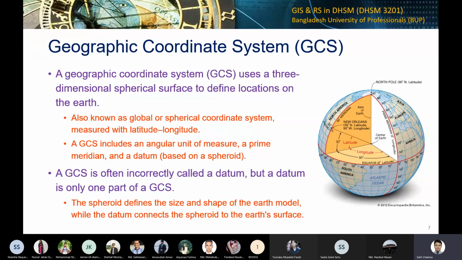So just like the image on the right, the geographic coordinate system thinks that the Earth is round. Now, if something is round, how are you going to measure the distances, or how are you going to measure things? So when we were kids, we learned one important mathematical system, that is radians, right?